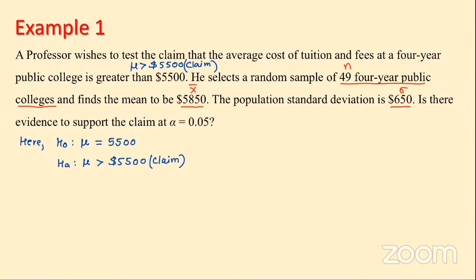Once we write the null and alternative hypotheses and also the claim, we have to tell which test this is. Is it a one-tail test or a two-tail test? The null hypothesis always has the equal to sign, but the alternative hypothesis here has the greater than sign. So what type of test is this?